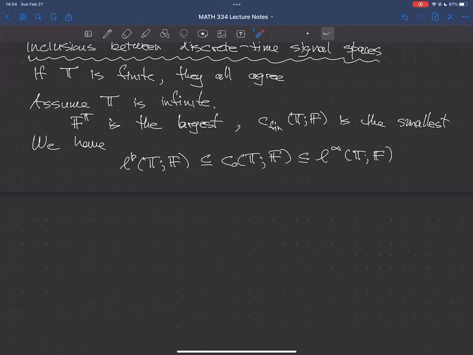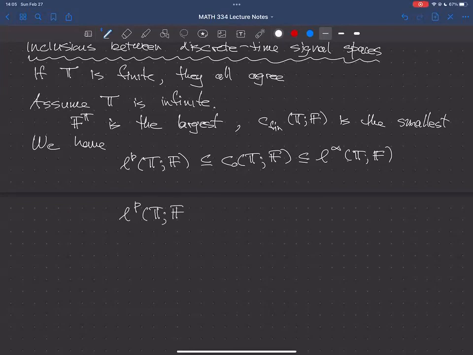In other words, at infinity, when you square something, it only gets smaller. So what you can conclude is that if you're in little l1, you're also in little l2, and the relationship holds for arbitrary p's.